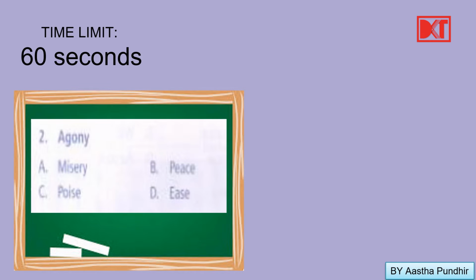Okay, so here the word is agony, and the options are A, misery, B, peace, C, poise, D, ease. Here the correct answer is A, misery. Now agony and misery, they mean someone who is not in a good condition, who is suffering. All right.